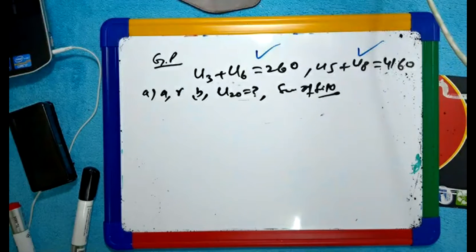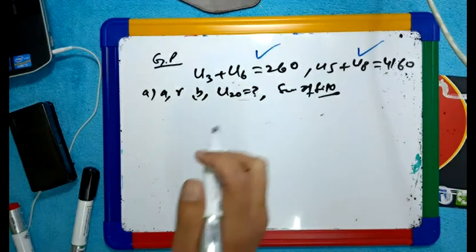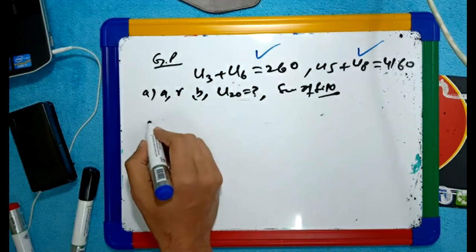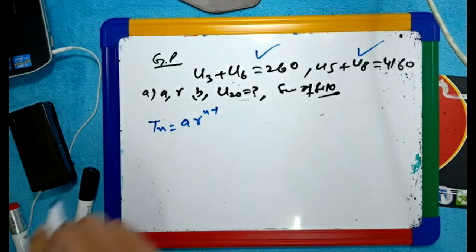So U3 plus U6 equal to 260. This information is given. I will use these two pieces of information. Your general term is a r raised to power n minus 1, right?